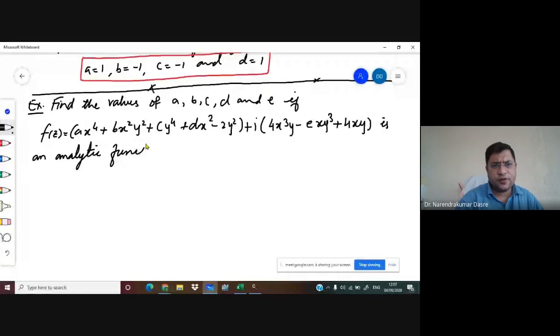Okay. So it is given that it is an analytic function, and then we have to find out the values of A, B, C, D, and E.